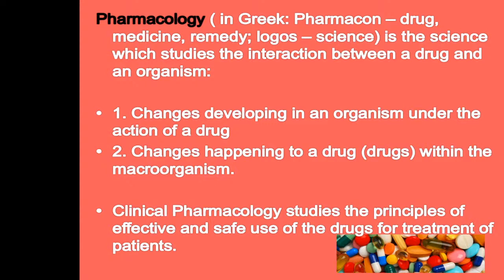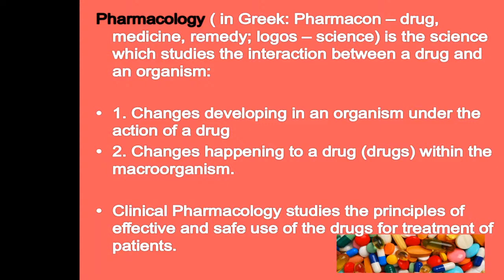What are the basic sources for drug obtaining? First of all, there are natural drugs and synthetic, of course. From nature, we can obtain drugs from plants for thousands of years, of course. From tissues and organs of animals and human beings, for example, from urine, placenta of human beings.